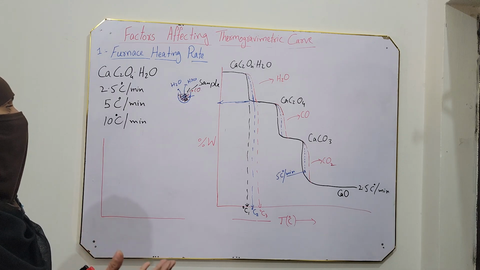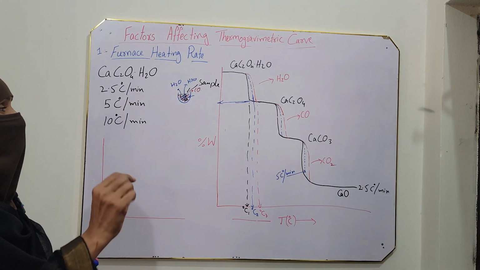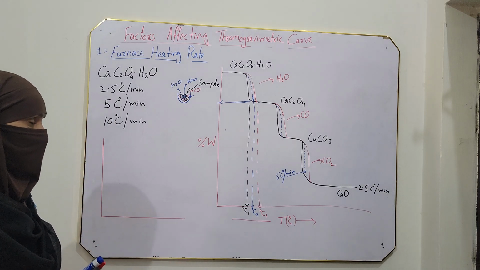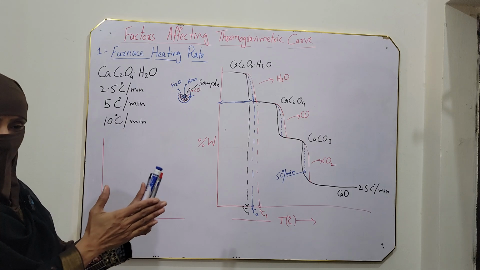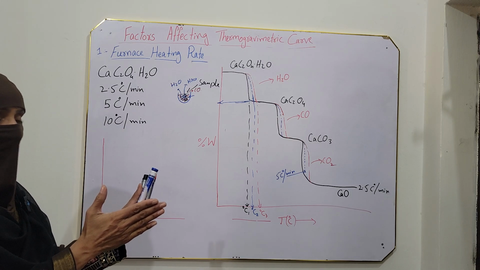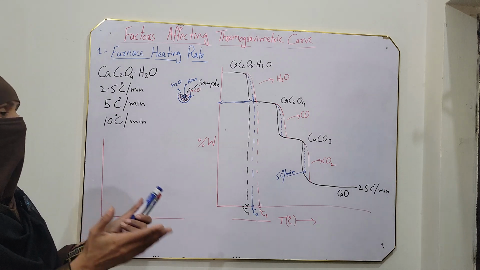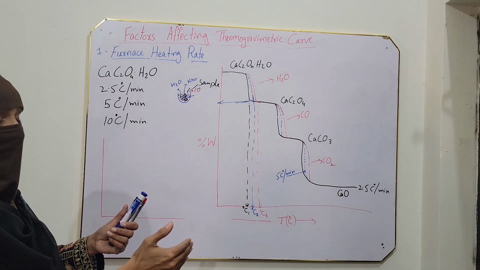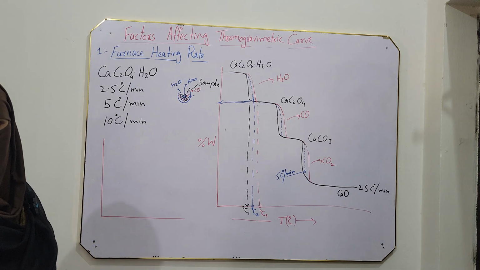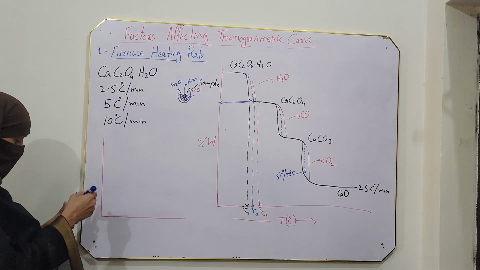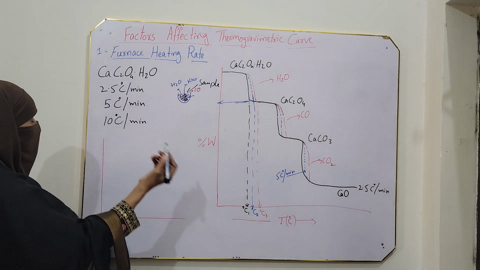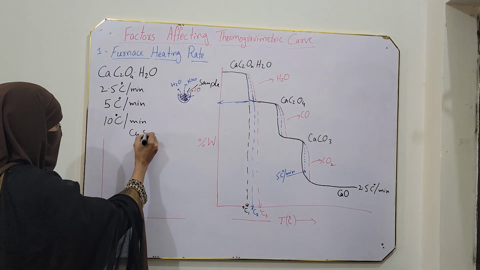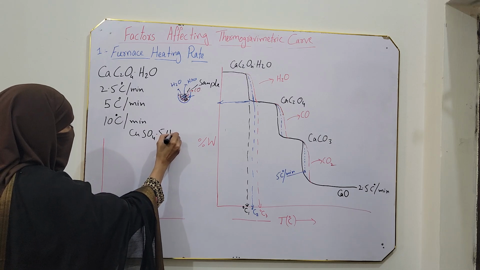But sometimes it happens that due to a fast heating rate, some intermediate steps are missed. There are some intermediate steps in different reactions which occur at very close temperatures, with very small temperature differences between them. When we use a high heating rate of the furnace, those intermediate steps are missed. One of the most important examples of this is the decomposition of copper sulfate pentahydrate.